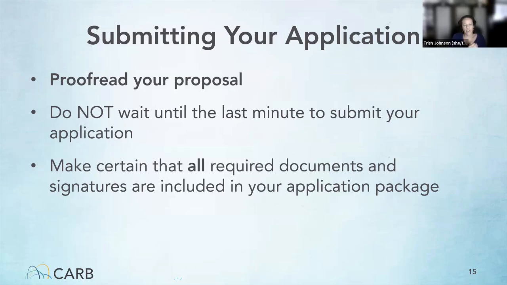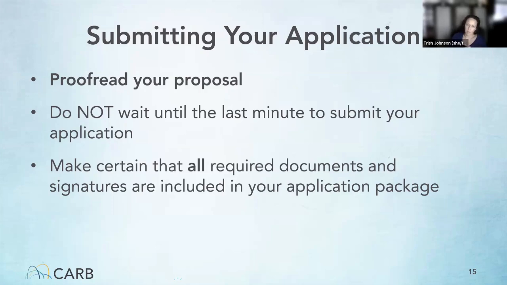With regards to the application submission, know the due date for the application that you're submitting for. So for the community air grants that I mentioned is open now, it's open for 1 more month from today until Friday, November 1st. Also know where and how to submit your application.